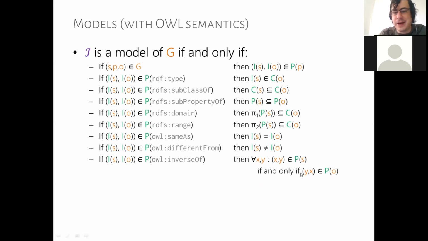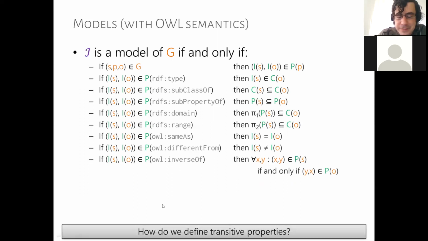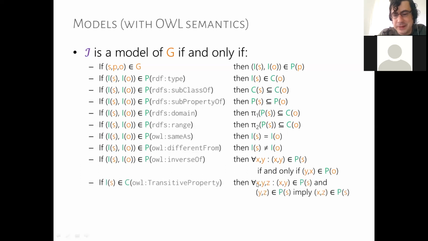So we say these two things are equivalent: X, Y is in P_S, and Y, X is in P_O. These must be equivalent, right? How about transitive properties? We can define something similar: for all X, Y, Z such that X, Y is in P_S and Y, Z is in P_S, this implies X, Z is in P_S, and so forth.